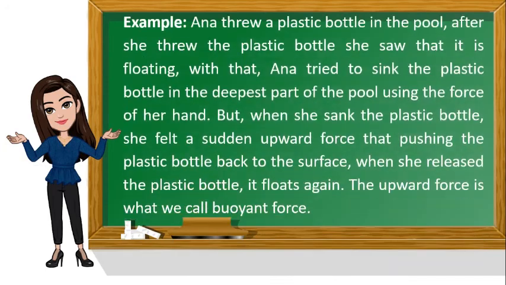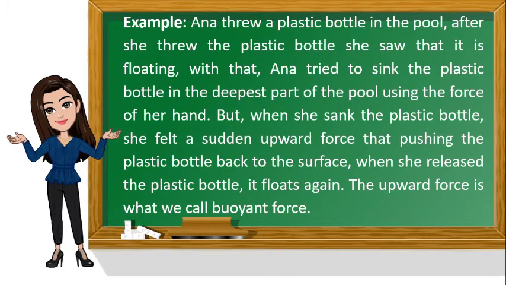For example, Anna threw a plastic bottle in the pool. After she threw the plastic bottle, she saw that it is floating. With that, Anna tried to sink the bottle in the deepest part of the pool using the force of her hand.